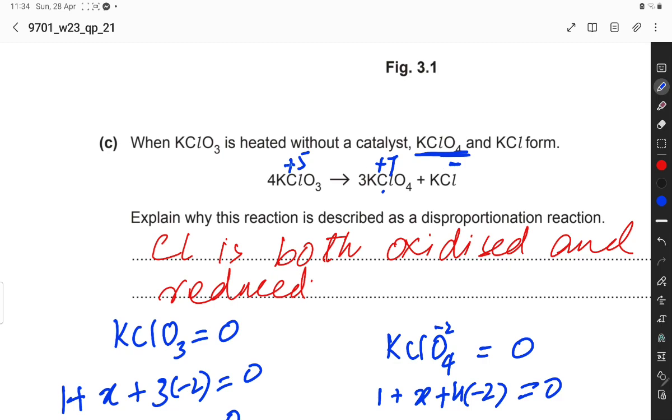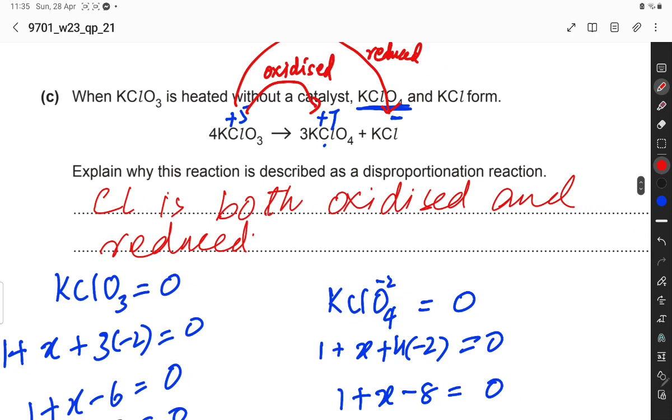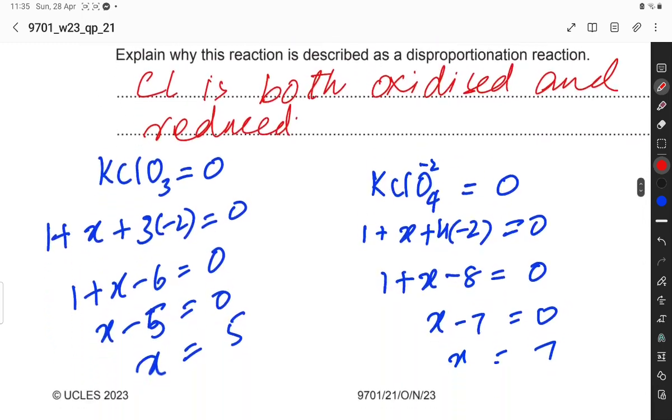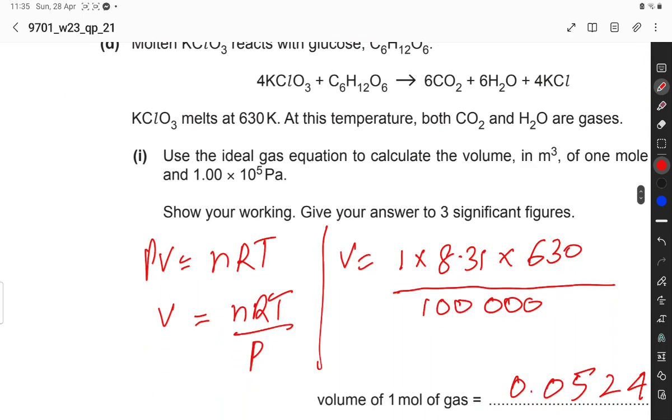So this is oxidized, going to +7, and this is reduced when it changes into -1. This is reduced, and in this case oxidized, as the oxidation state is going to increase. So in this way chlorine is both oxidized and reduced, so that's why it is described as a disproportionation reaction.